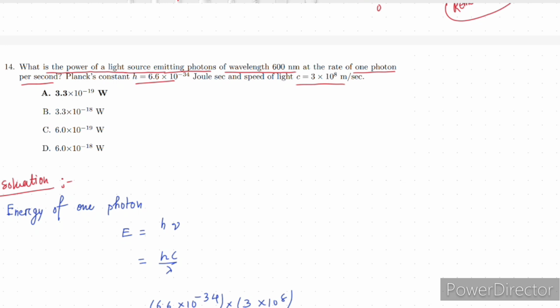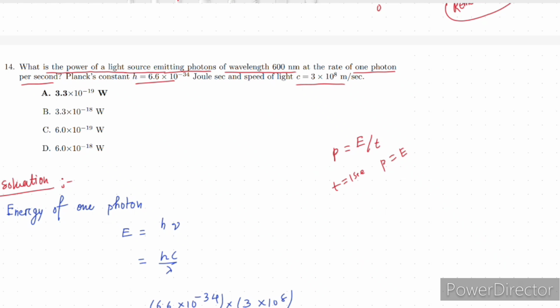Energy by time, right? So if t equals 1 second, P equals E.